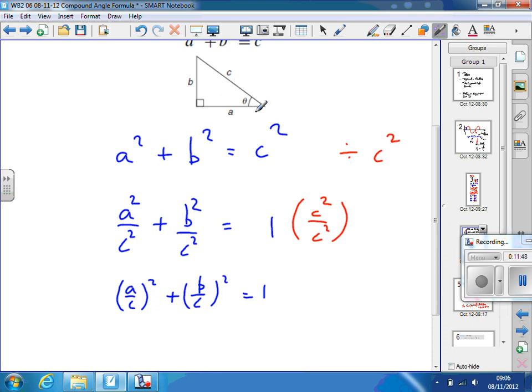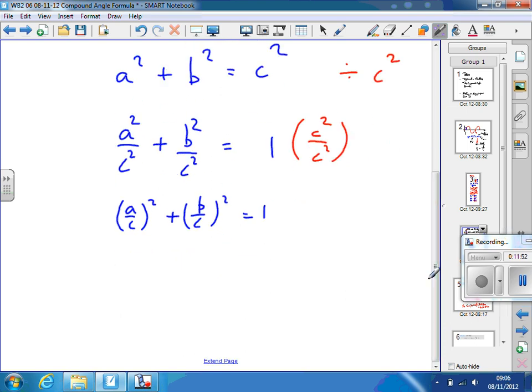Adjacent over hypotenuse, which is cosine. So instead of a over c, I can write the cosine of theta, squared. That would be a bracket round there: cosine of theta all squared, plus b over c.